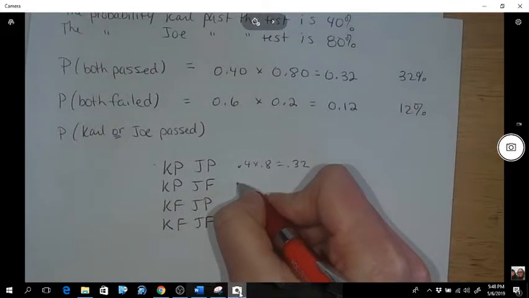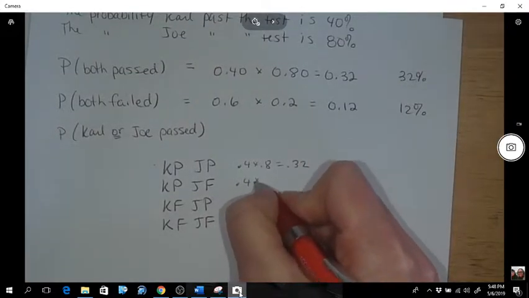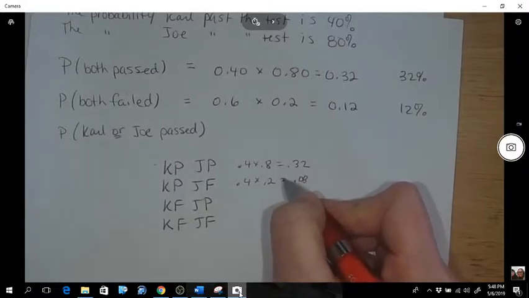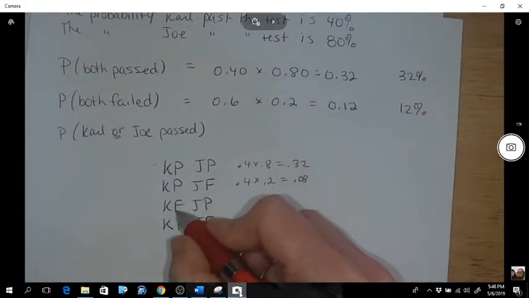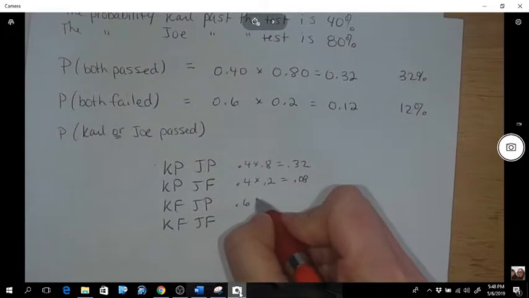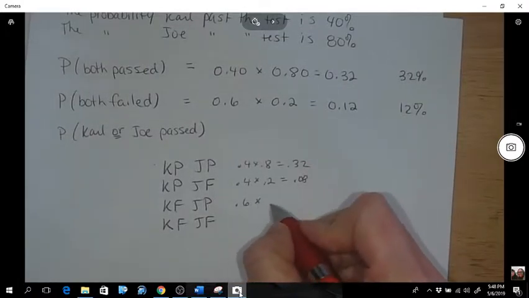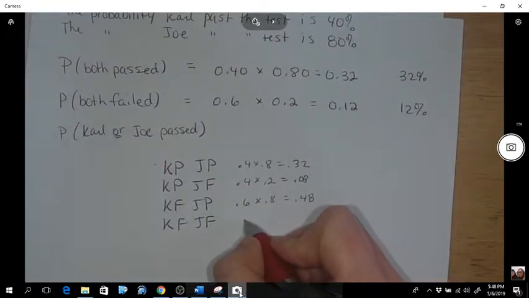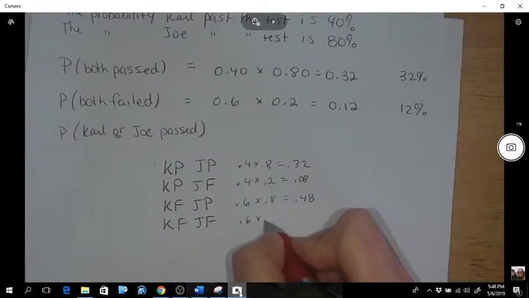If Carl passes and Joe fails, that's a 0.08. If Carl fails, that's a 0.6, and Joe passes 0.8, that's a 0.48. Carl failing is a 0.6. Joe failing is a 0.2.